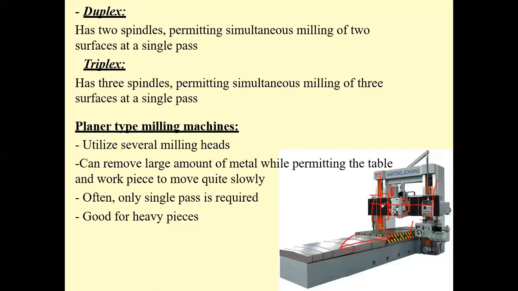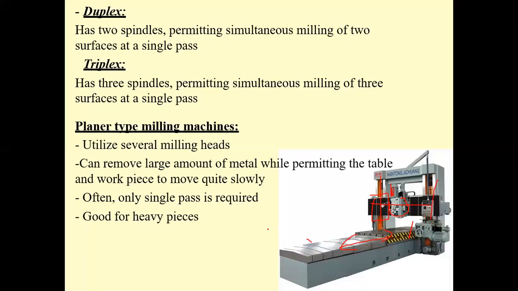The basic primary cutting comes from the rotary motion of the milling cutter. So often only a single pass is required. In most cases, once your workpiece starts from here and ends, because multiple spindles and multiple cutting tools are there, with one pass of the workpiece under the spindles your process is complete.